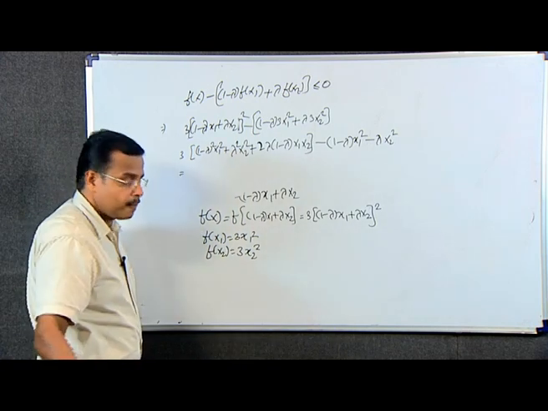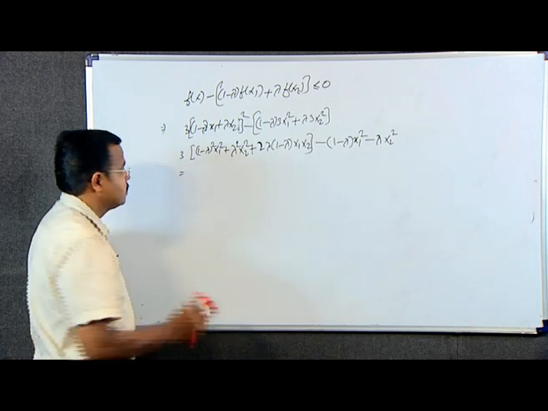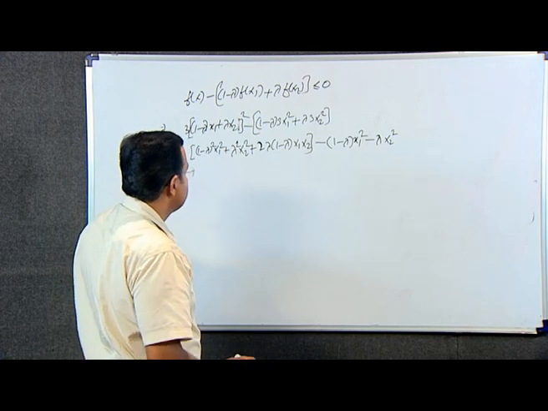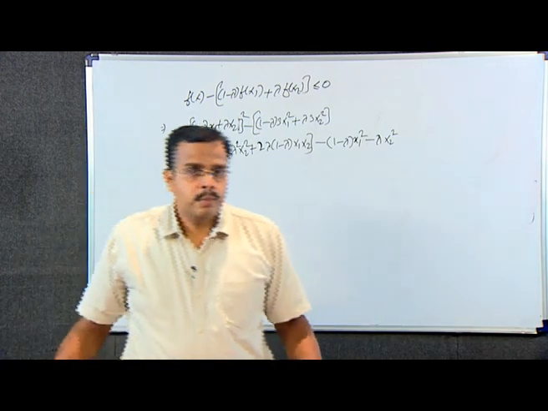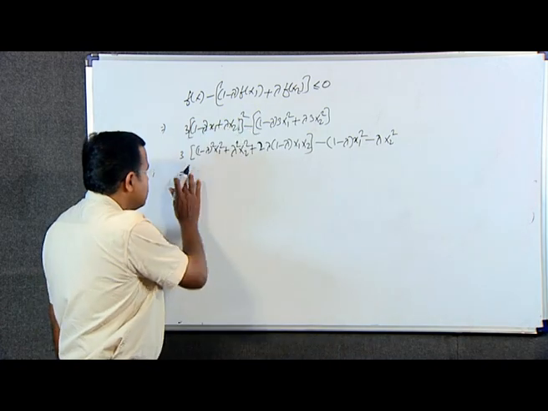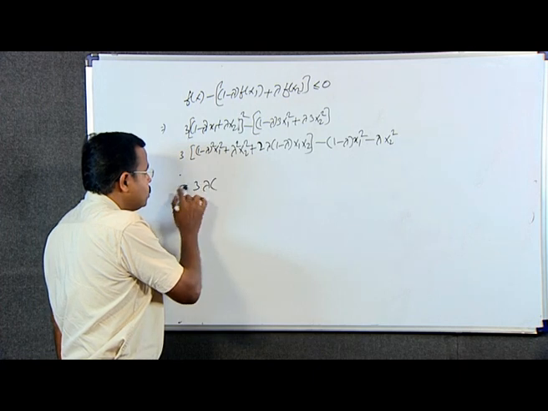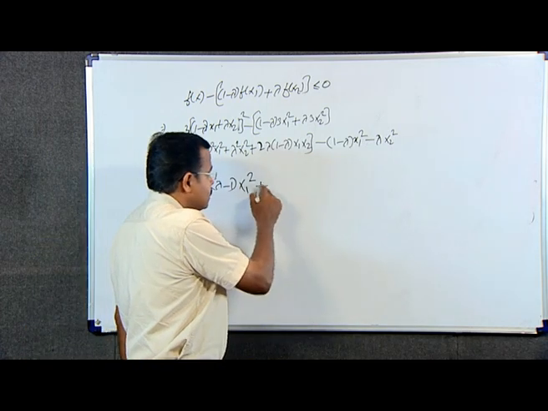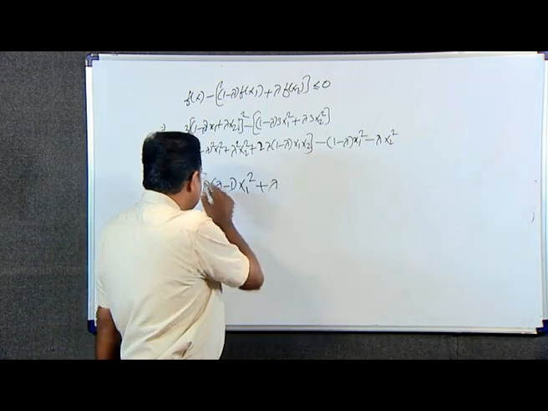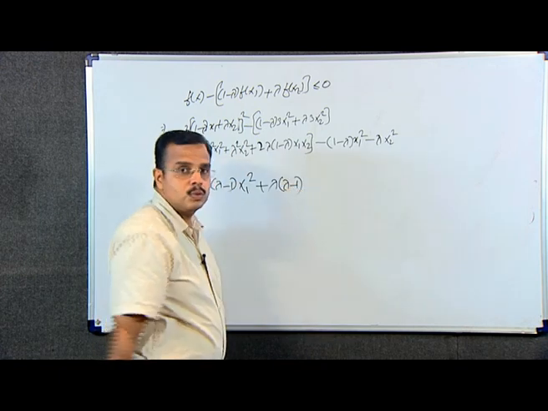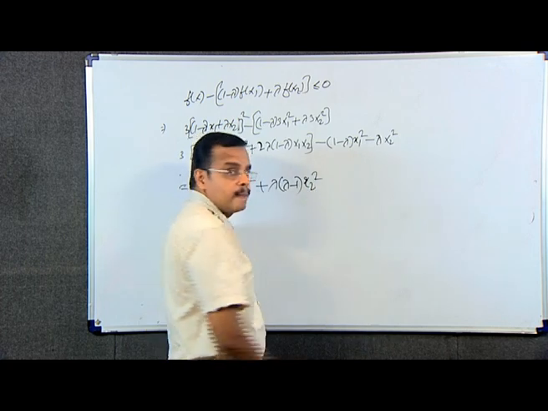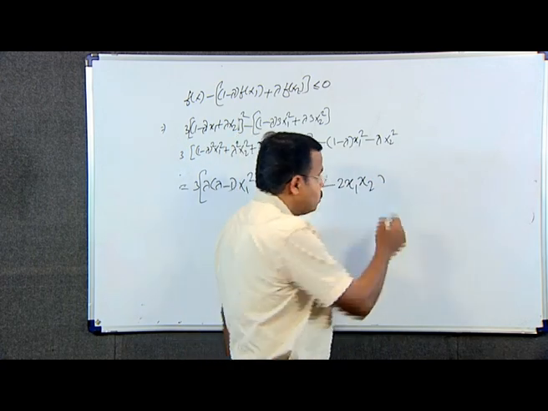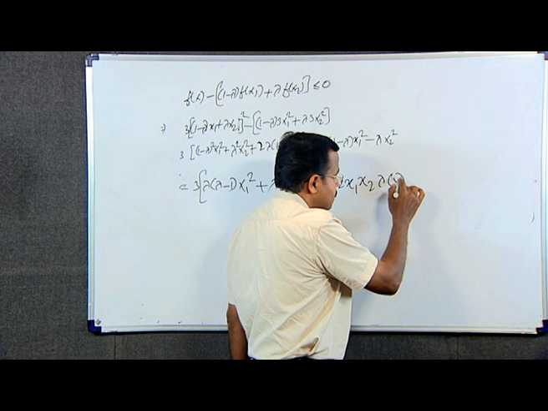So, that is equal to 3 times lambda (lambda minus 1) x1 square, plus lambda (lambda minus 1) x2 square, then minus 2 x1 x2 times lambda (lambda minus 1).